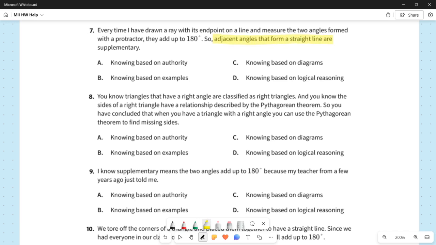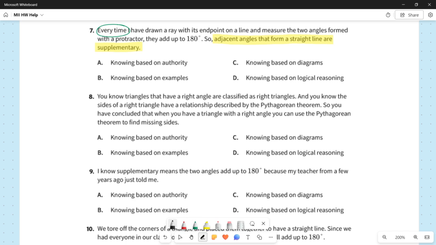Adjacent angles that form a straight line are supplementary. And the first sentence tells us how we came to know that. And this is a key phrase here. Every time. That's going to help us figure out which bucket this falls into. But every time I do this, my angles add up to 180 degrees.